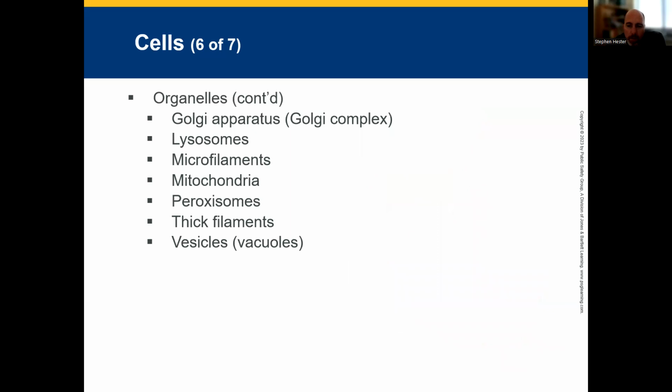All right, organelles also include the Golgi apparatus, which deals with the proteins synthesized in the ribosomes. The lysosomes dispose of cell waste. The microfilaments are composed of the proteins actin and myosin that provide cell movement and contraction via interaction with actin and myosin.